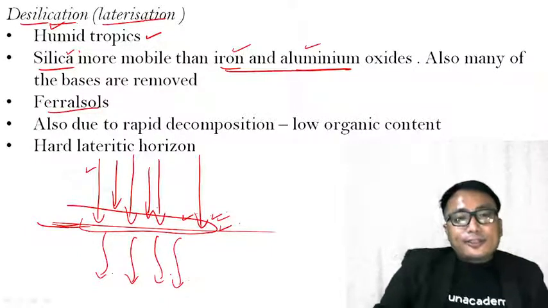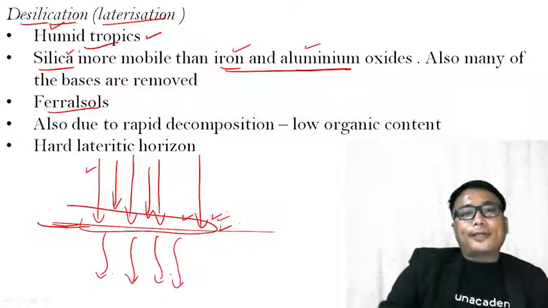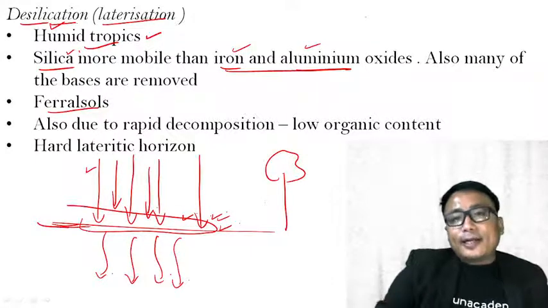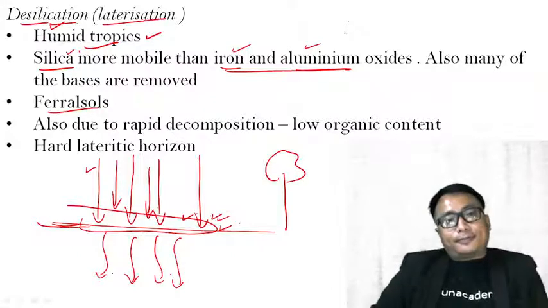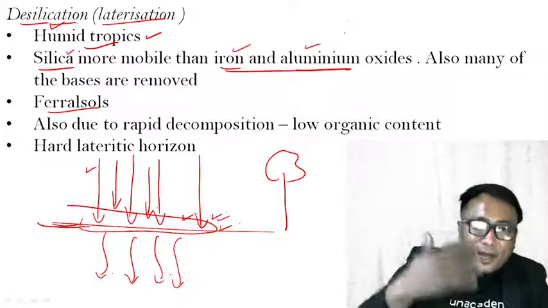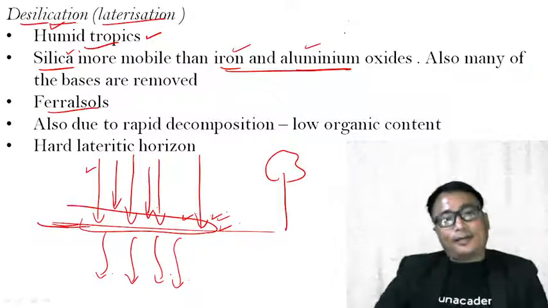Now, in this humid tropic, yes, I have a sufficient amount of vegetation, but you see here, the rate of chemical reaction is also higher when you have a higher temperature and moisture content.